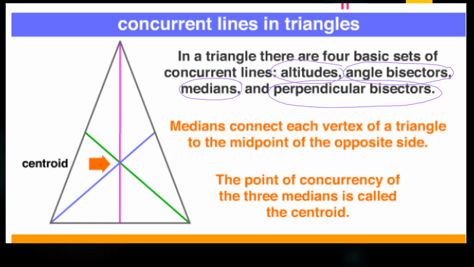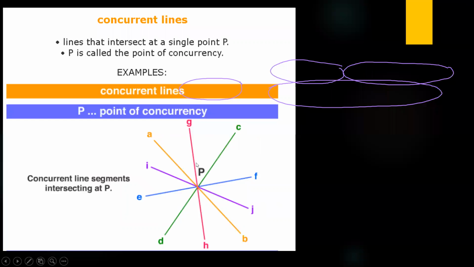For the median, later on we are going to talk about it. But for the concurrent line, did you understand the definition? Yes, Miss. They are intersecting in one point.